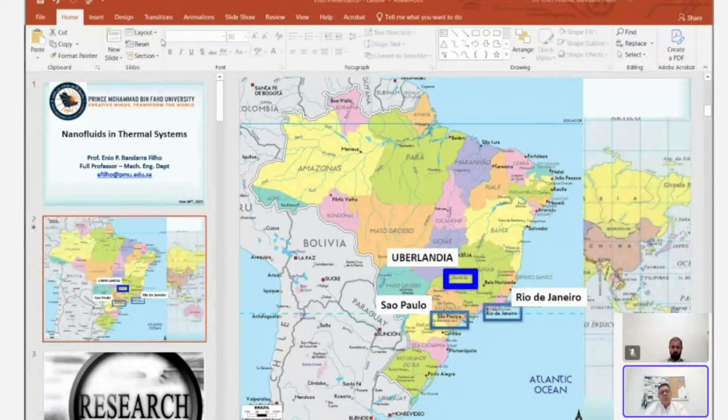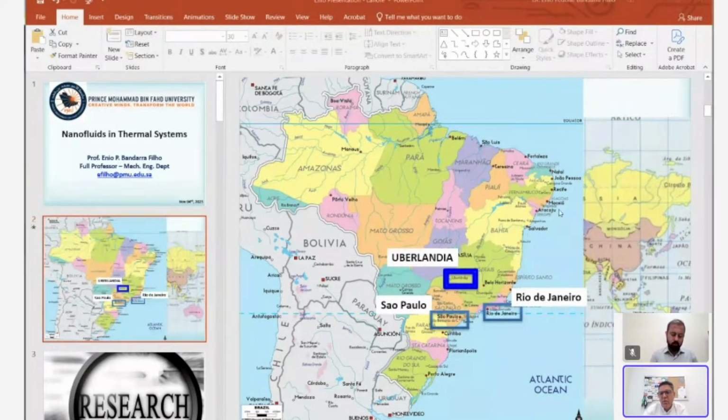When you're talking about nanoparticles or nanofluids, the first step is you have to characterize, because you cannot do anything without characterization. So we have this equipment in our lab to characterize, first of all, the thermal conductivity, to understand how much we can improve it. I will explain a little bit later on.